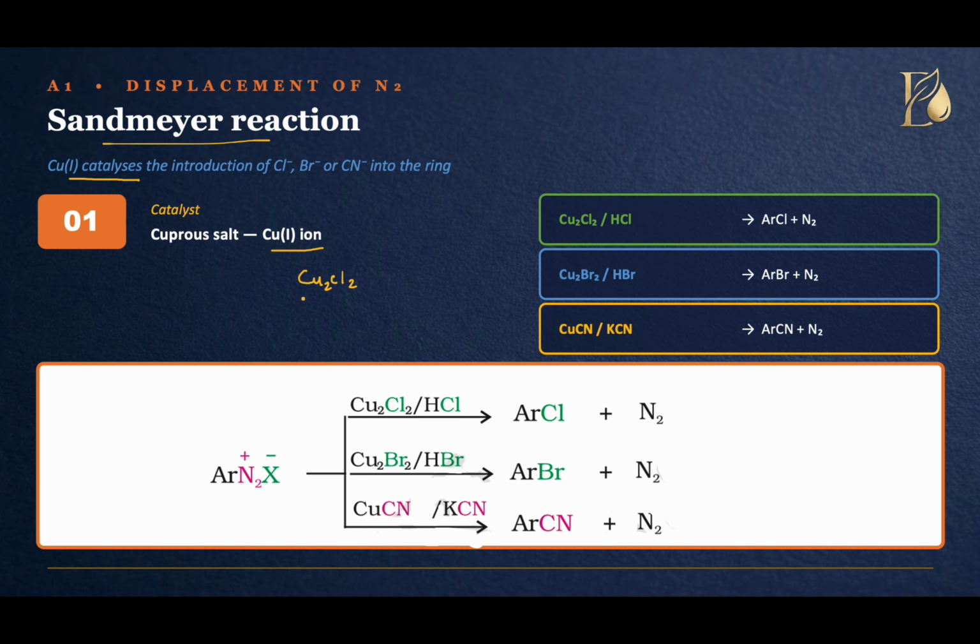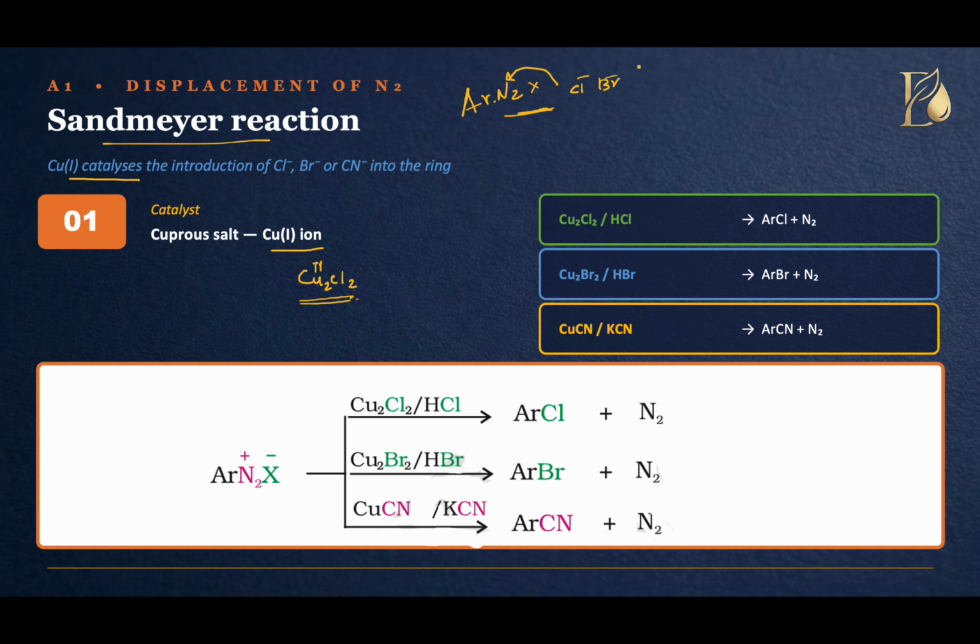This is a cuprous salt, where each copper atom is in the +1 oxidation state. This cuprous salt acts as a catalyst, and from the aryl diazonium salt ArN2X, it removes the N2 and replaces it with another group such as chloride, bromide, and so on.